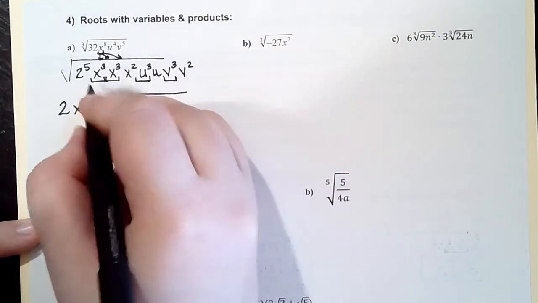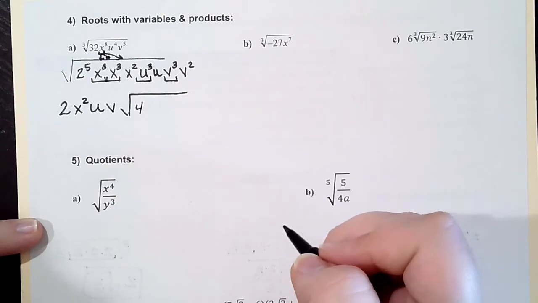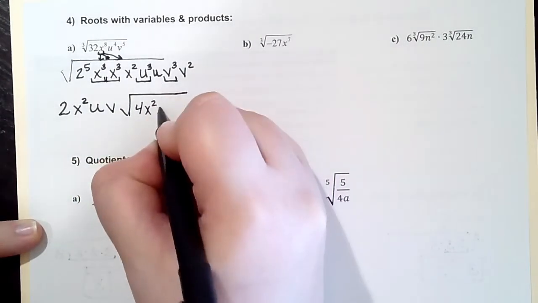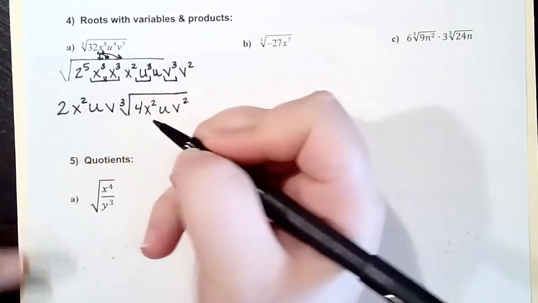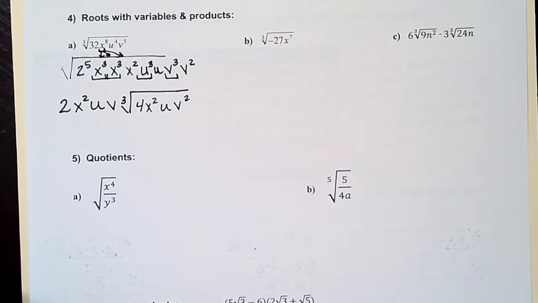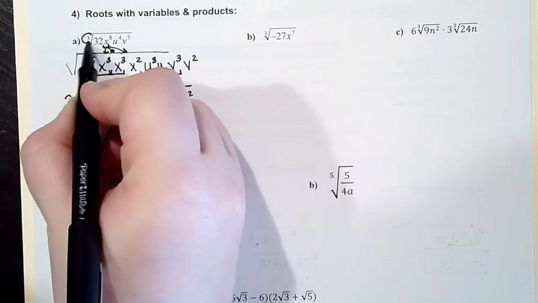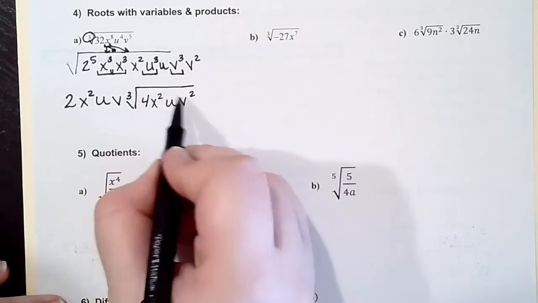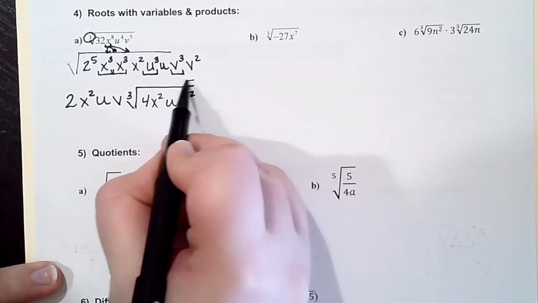If I took 3 of these, there were 2 left over, so 2 squared is 4. I'm left with x squared, a u, and a v squared, which cannot be simplified because I'm taking the cubed root instead of the square root. So it's really important to recognize what root you're actually working with. And then, of course, there's no other perfect cubes inside that I can pull out to the front, so that is my final answer.